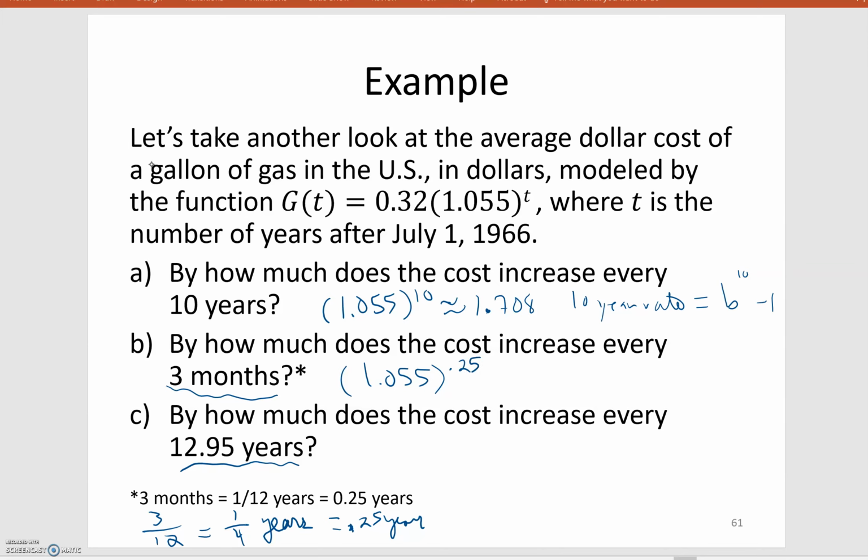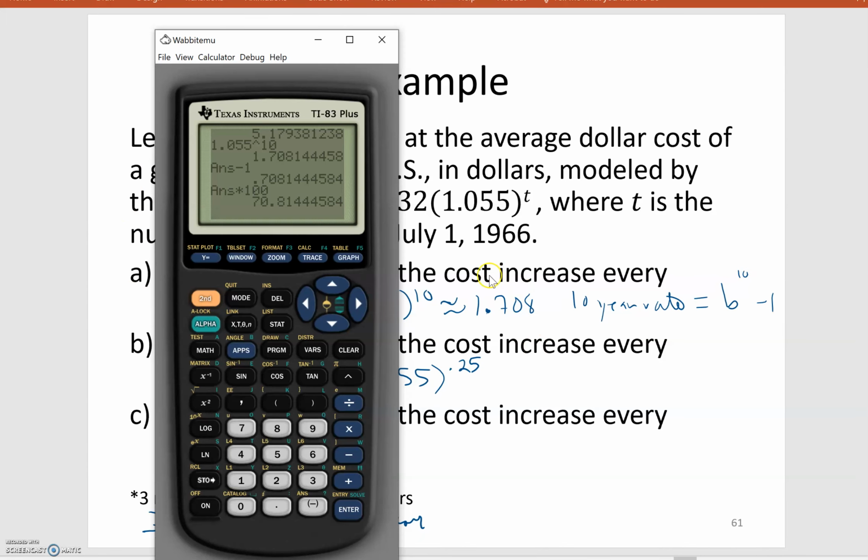So we're raising this to the 0.25, and that is 1.013. I'm going to go ahead and subtract 1 from it and multiply by 100 to get my percent form.